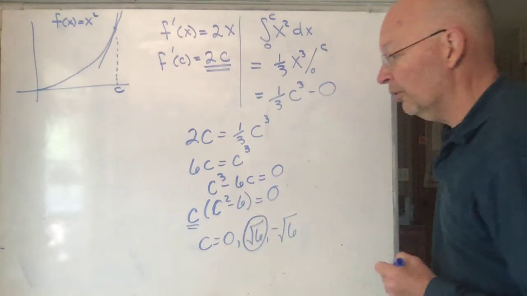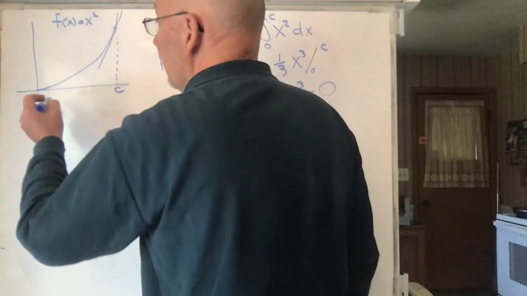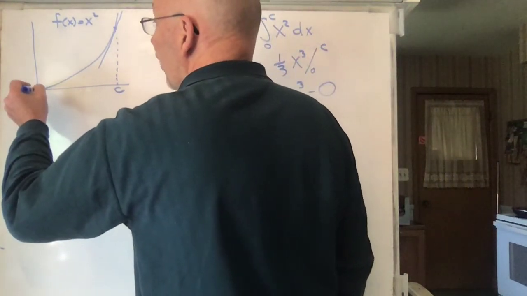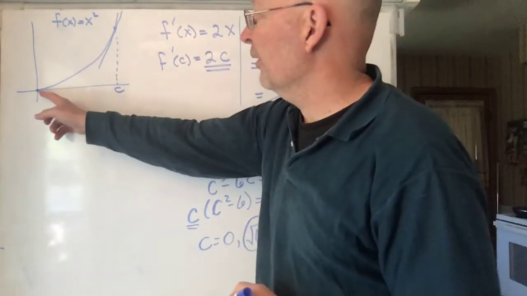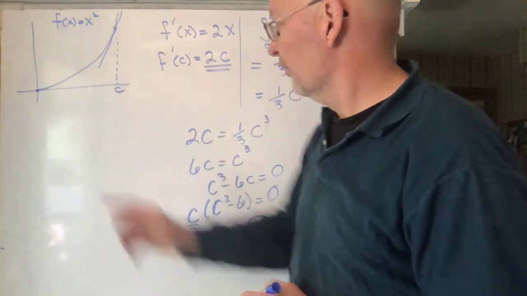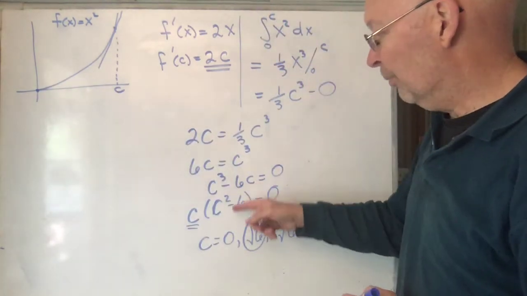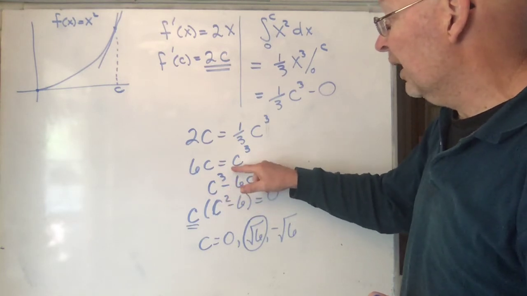What's interesting though is to notice that even if we include 0 here, that's not a place we would have thought of as being an answer, but it is an answer, right? At that point the slope is equal to 0 and the area from 0 to 0 is equal to 0. So that's why it's important at this point in the problem not to divide through by c.